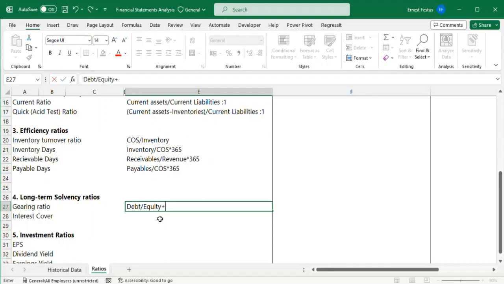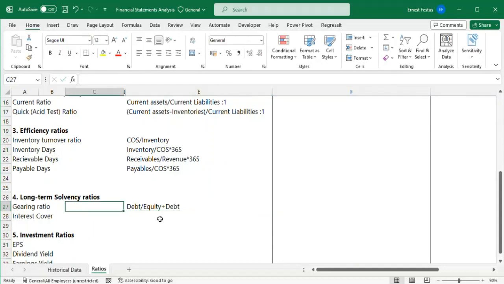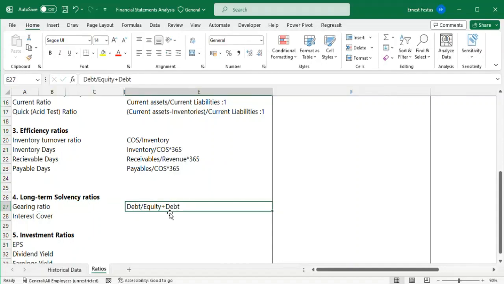Some people also add debt to the equity, so let me put debt plus equity in brackets. This is an alternative. The debt we are talking about here is our long-term debt.